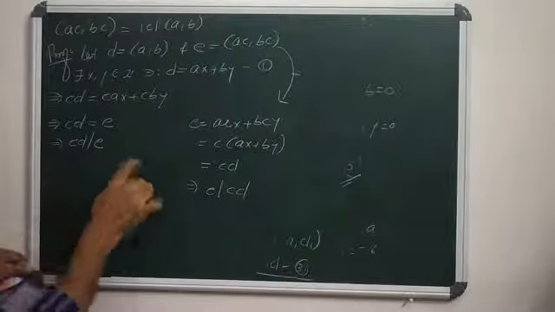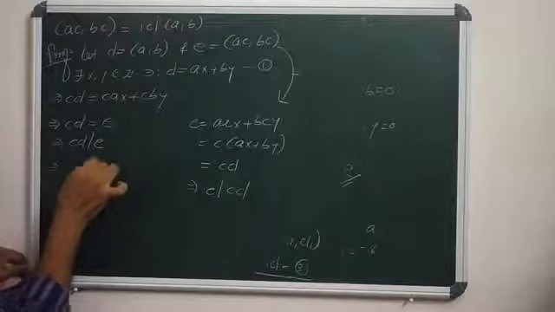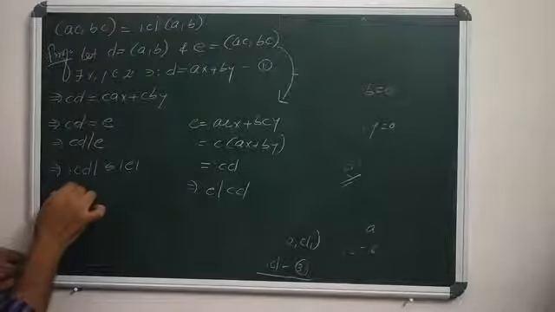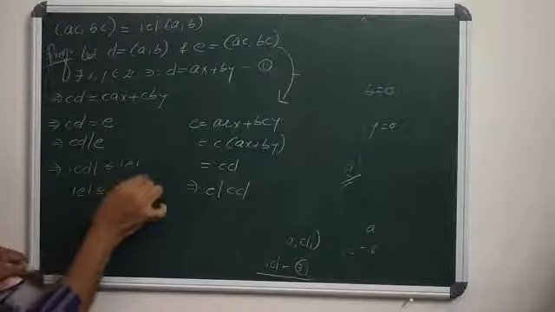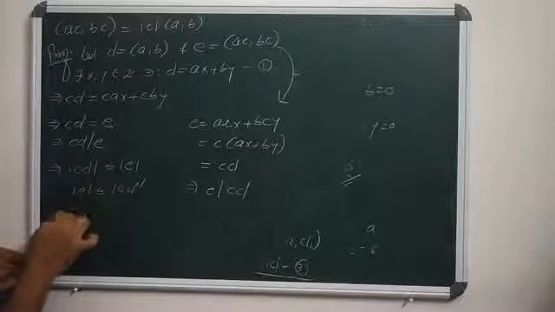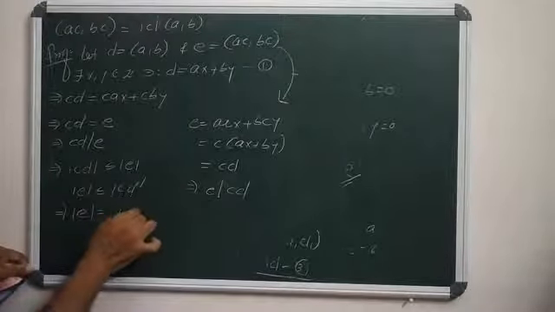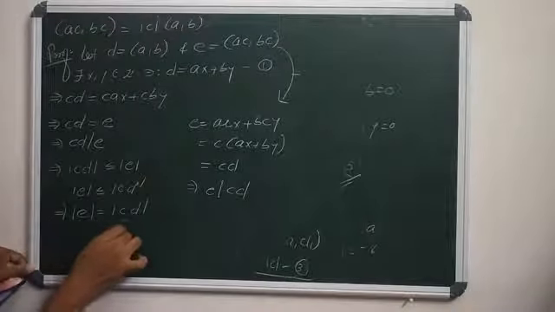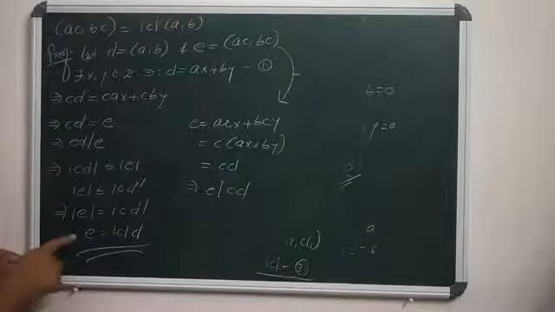CD divides E and E divides CD. CD divides E means mod CD is less than or equal to mod E. E divides CD means mod E is less than or equal to mod CD. So combining, you have mod E equals mod CD. So that equals mod C into D.